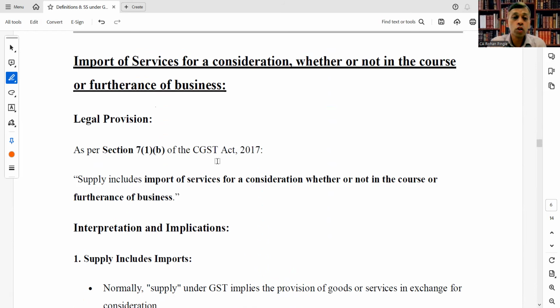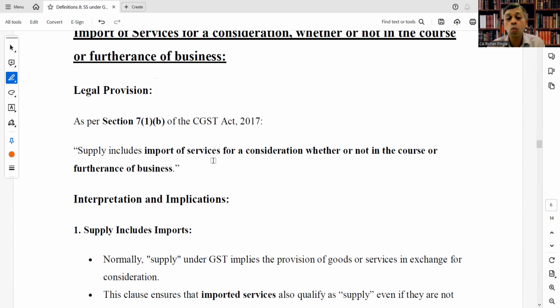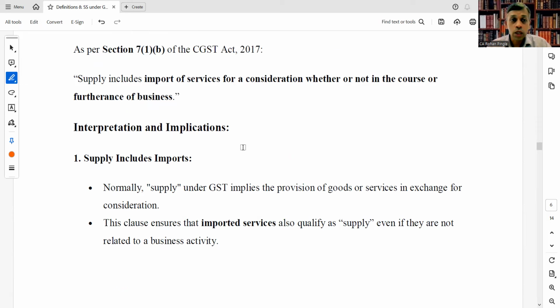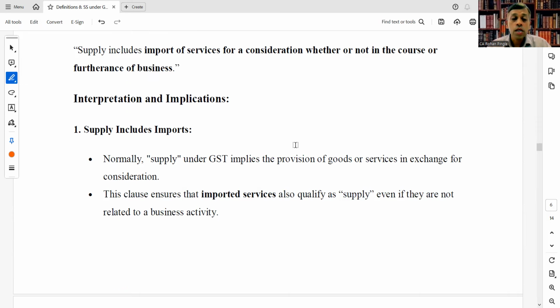Let's see the legal provision. As per Section 7, subsection 1, clause B of the CGST Act 2017, supply includes import of services for a consideration, whether or not in the course or furtherance of business. Interpretations and implications. Supply includes imports.